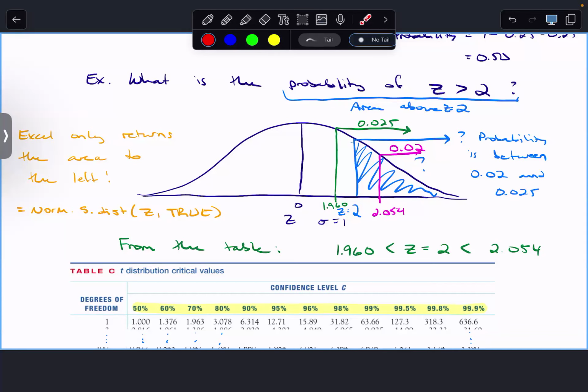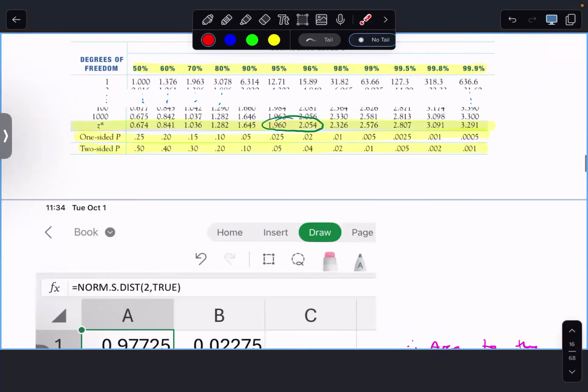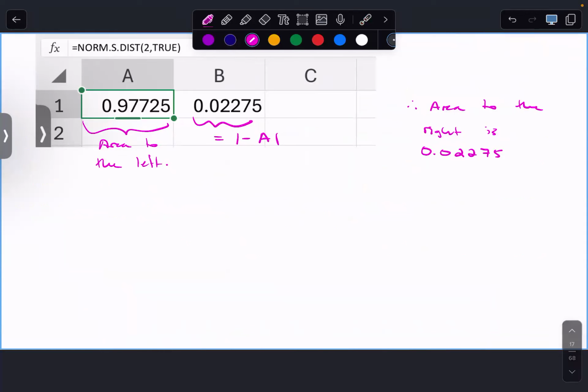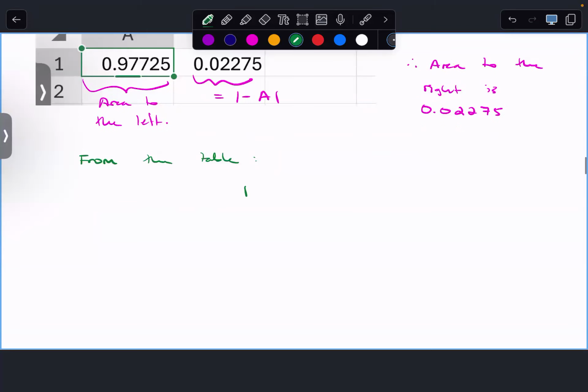And so you want to be careful of that, but from the table, the probability is somewhere between 0.020 and 0.025. Are you convinced that 0.02275 is between those two values? I'm telling you, you are.